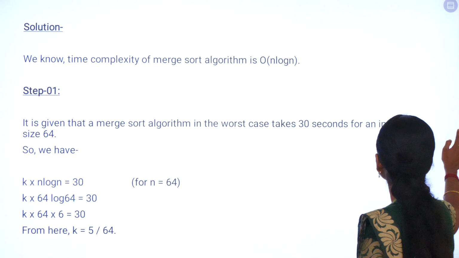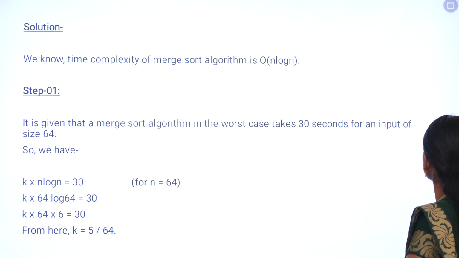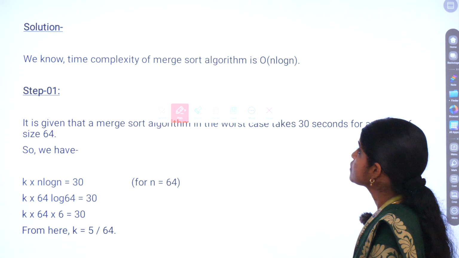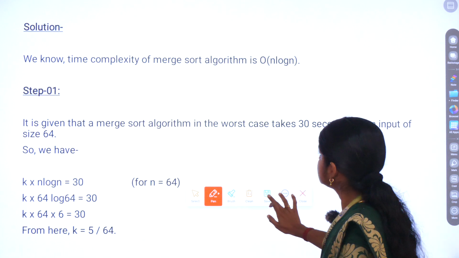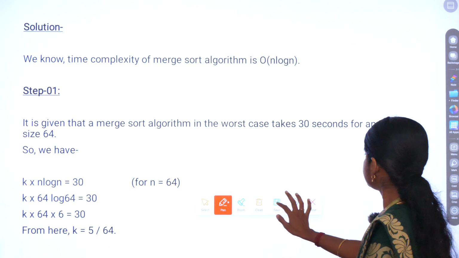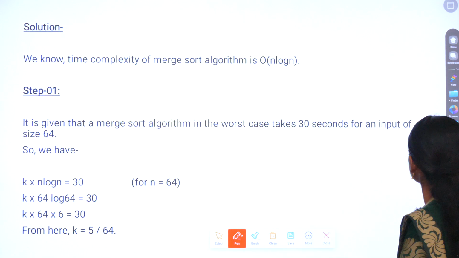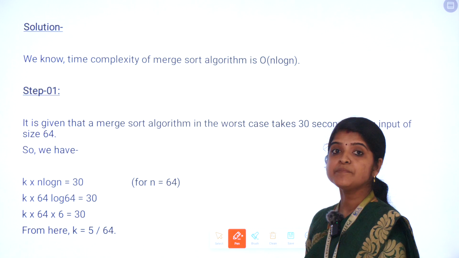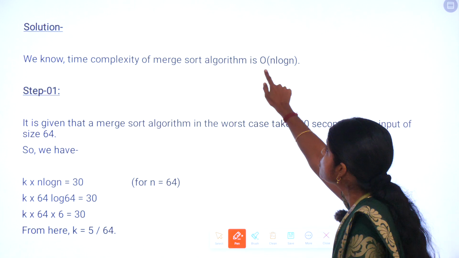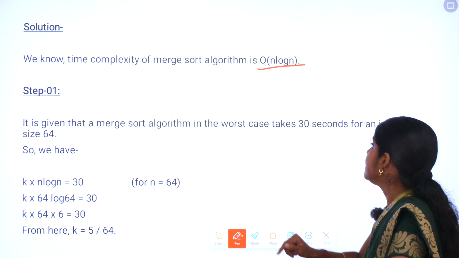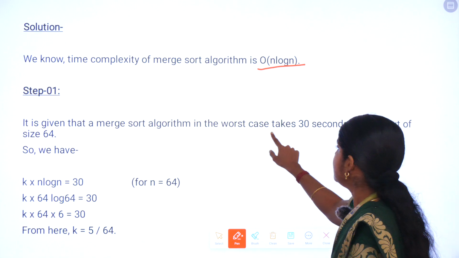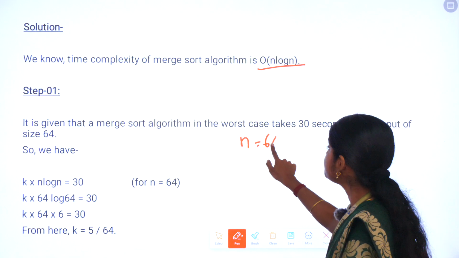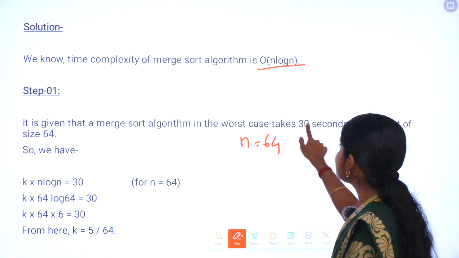So here is the solution. So we know that the time complexity of merge sort is big O of n log n. So here the input is nothing but n is equal to 64 and it takes 30 seconds in the worst case.